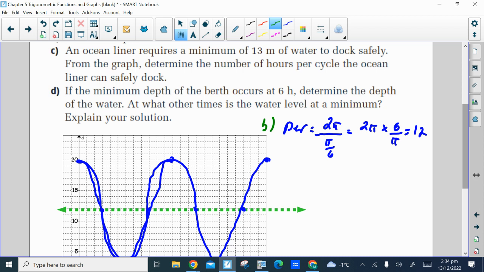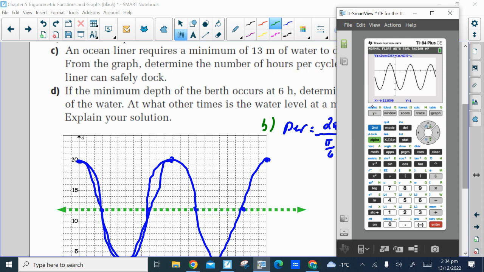So the easiest way to do this would be to use the graphing calculator. We'll clear the three equations that we have in there and put this equation in, which is 8 cosine. I'm going to have pi over 6 times t. Well, we can only use x as a variable, so it's pi over 6 times x over 1.